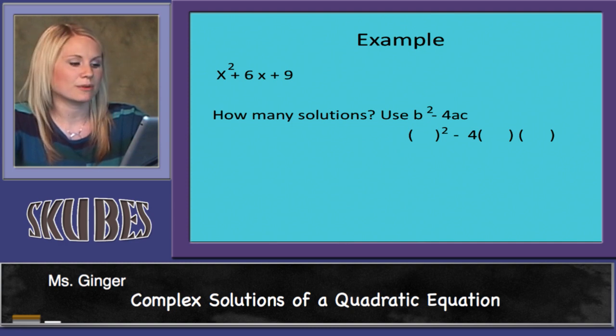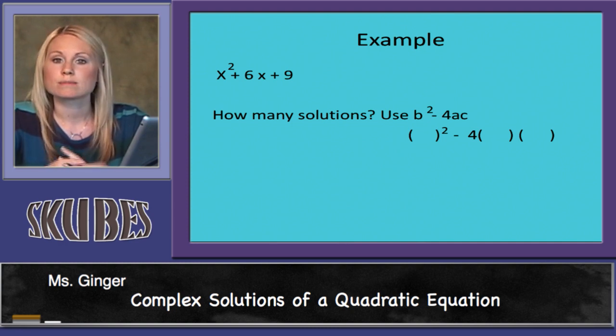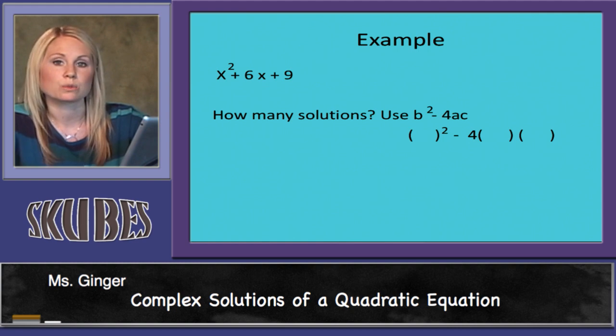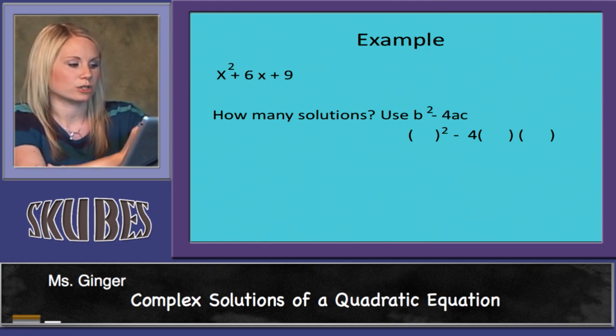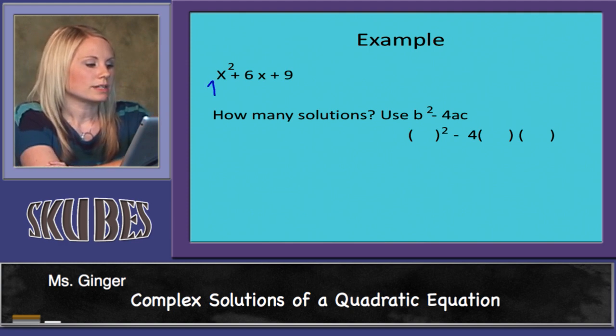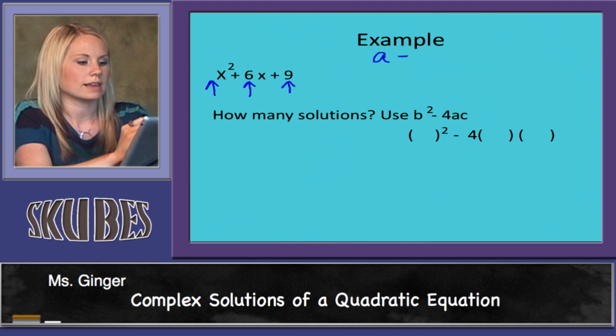Alright, we've got another example, and for this one we're just going to decide what kind of solutions we would have if we continued to solve them all the way out using the quadratic formula. So let's find our a, b, and c. Again it looks like our a is going to be 1, that's the implied number in front of x squared. Our b is a positive 6, and our c is a 9.